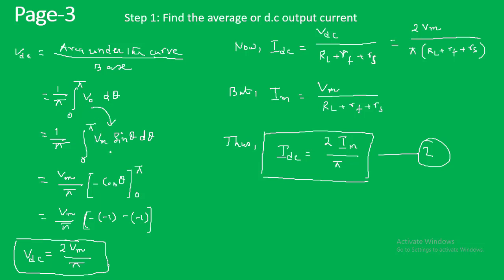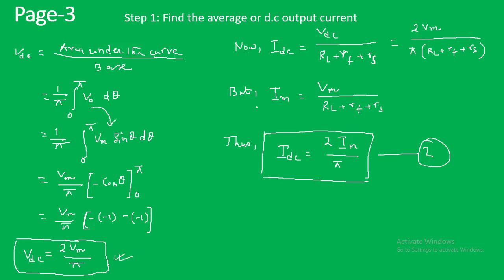V naught is following the input, and the input is given as V_m sin theta. So 0 to pi, and we divide the entire thing by the base; pi is our base here, so we put 1 by pi. The integration of sin theta is minus cos theta, and V_m is a constant, so we take it out. Solving this, we get the DC output voltage expression as twice V_m by pi.